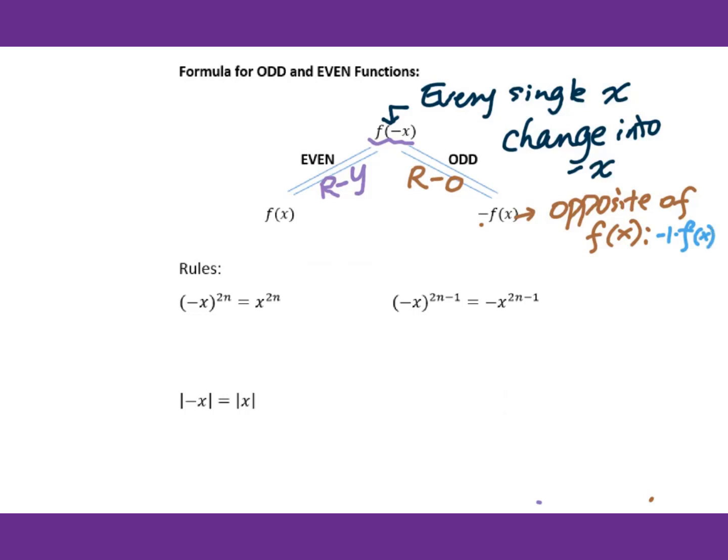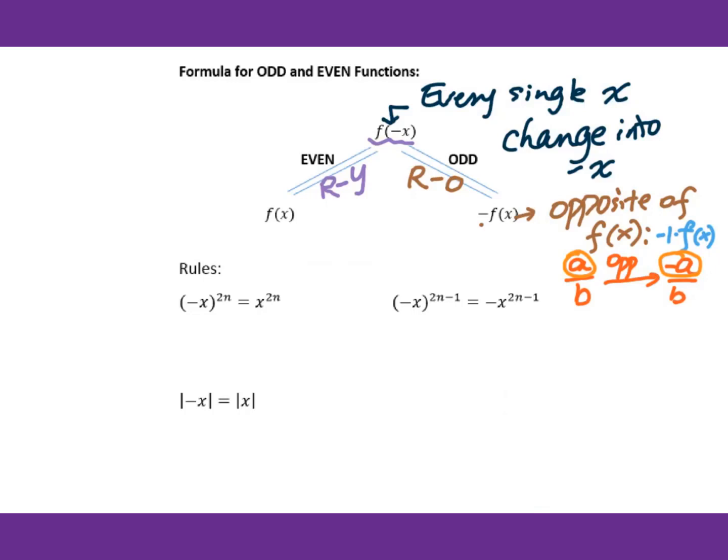For a fraction, the opposite of a fraction like a over b will be negative a over b. In other words, only your numerator changes sign, and your denominator stays the same.